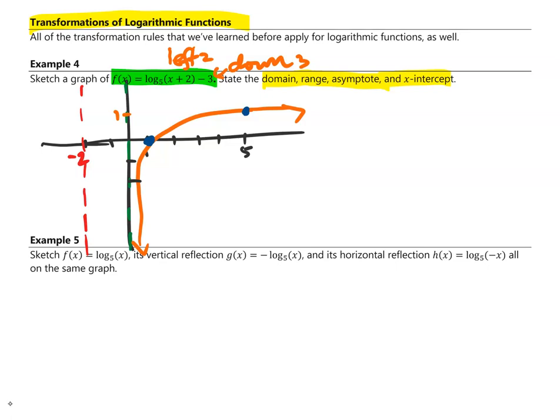So let's think about it: if you move this point 2 to the left and down 3, we have a point here, and this point is 2 to the left, 1, 2, and down 3, 1, 2, 3. So this will be our graph.